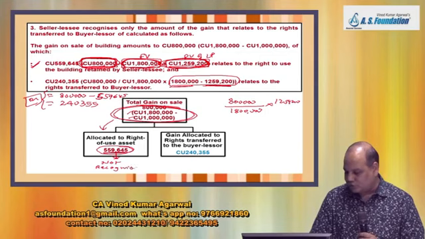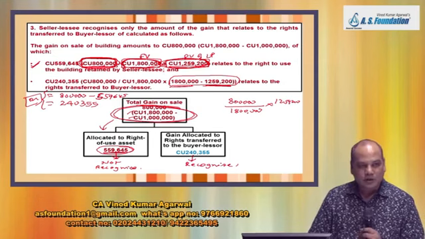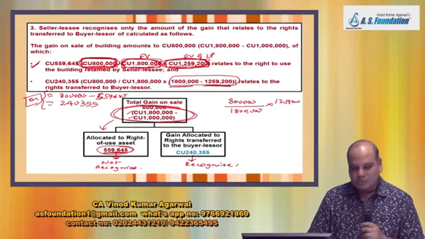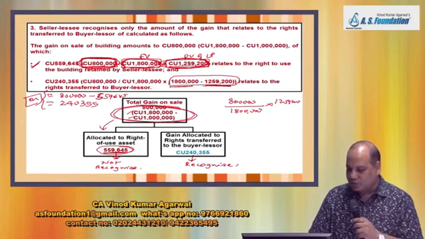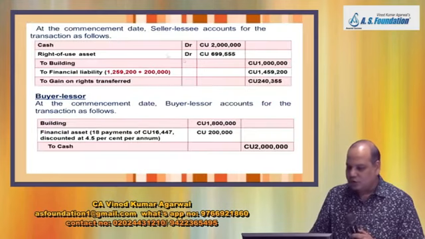And this portion which is related to rights transferred, this portion of the gain we will recognize. That's it. Now see the journal entries.